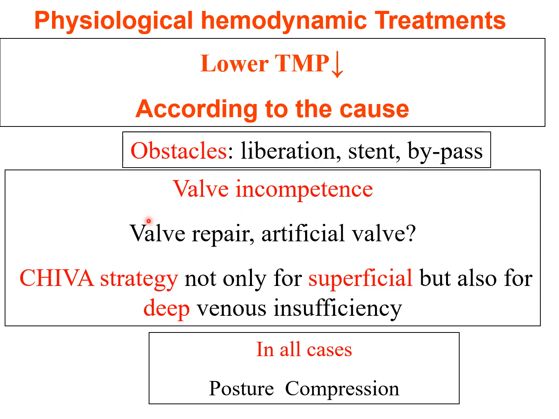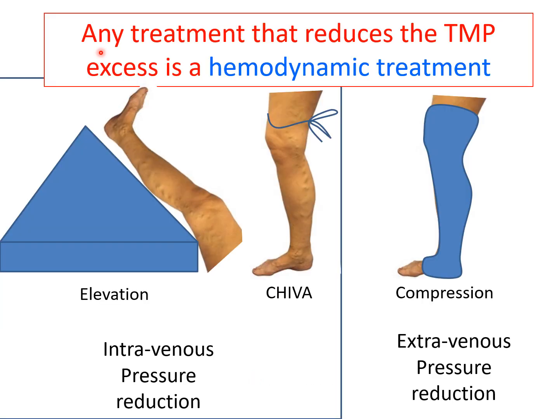For valve incompetence: valve repair, artificial valves someday, perhaps. Shiva strategy in any case, not only for superficial but also for deep venous insufficiency. In all cases, posture and compression. So any treatment that reduces the TMP excess is a hemodynamic treatment, by intravenous pressure reduction like elevation and Shiva, or extravenous pressure reduction like compression.